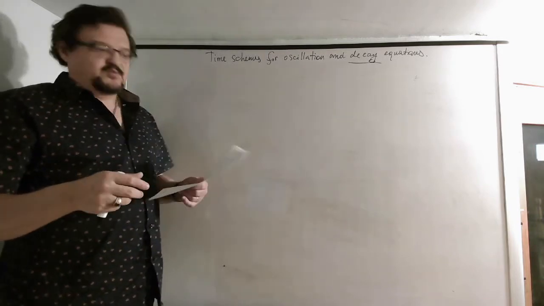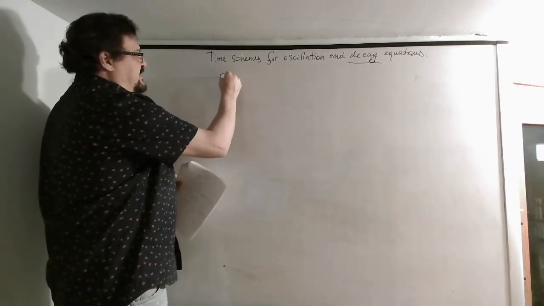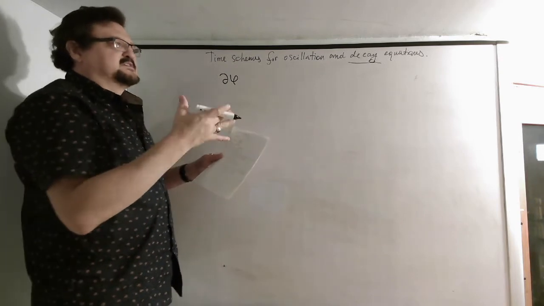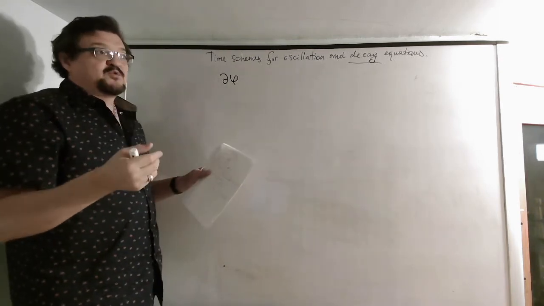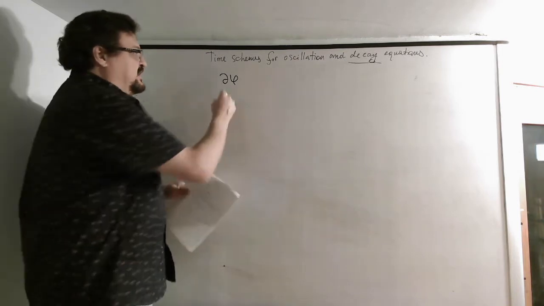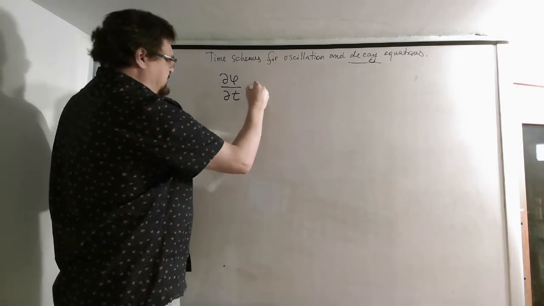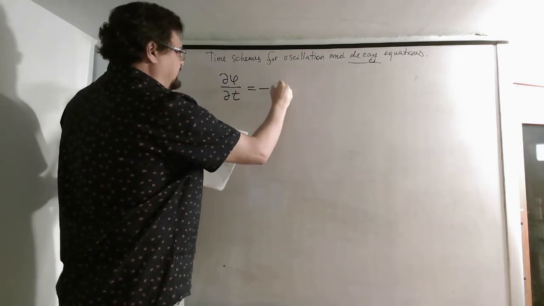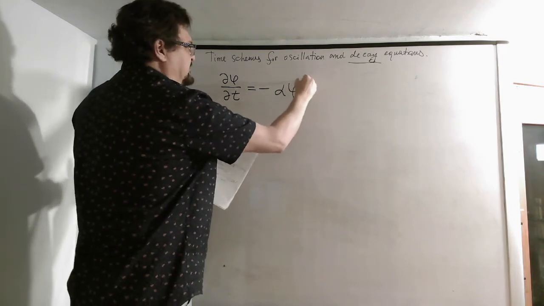There are all sorts of these equations that generally have the following form: some of your quantity phi, say cloud water content, due to some process, or rainwater or ice water or snow, generally may look like the following. It's some minus alpha phi to some power beta.